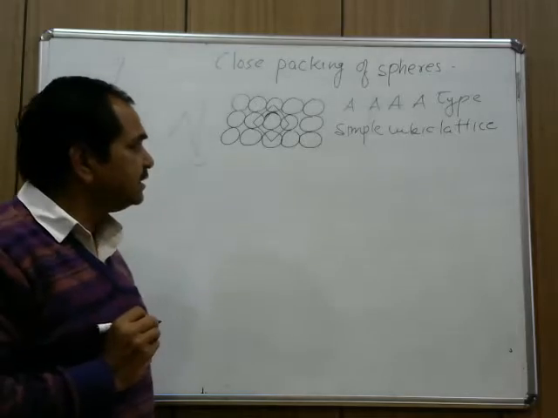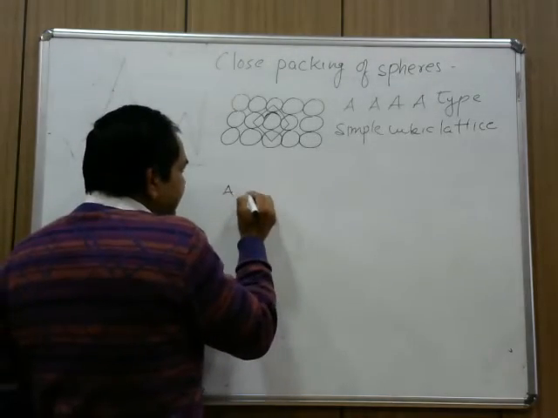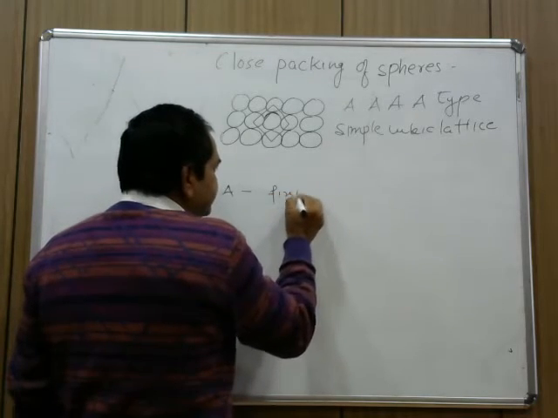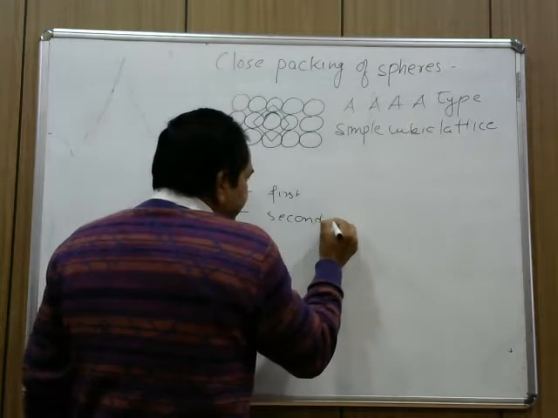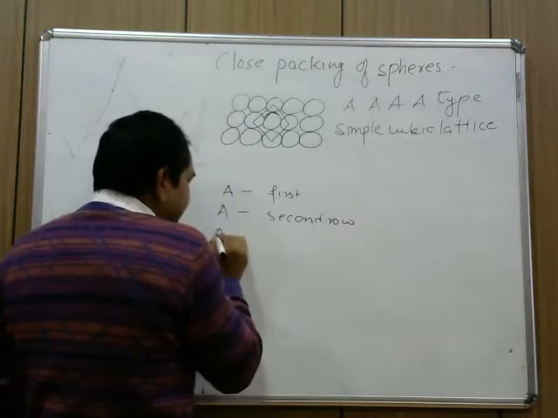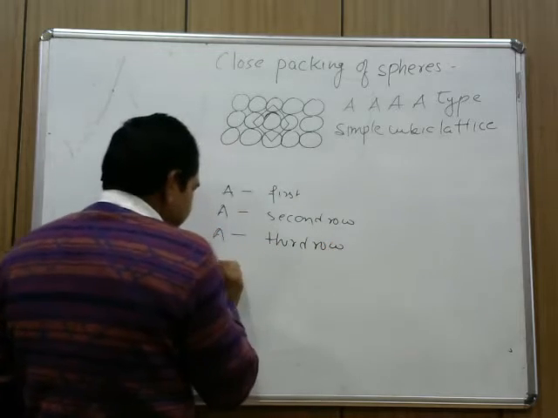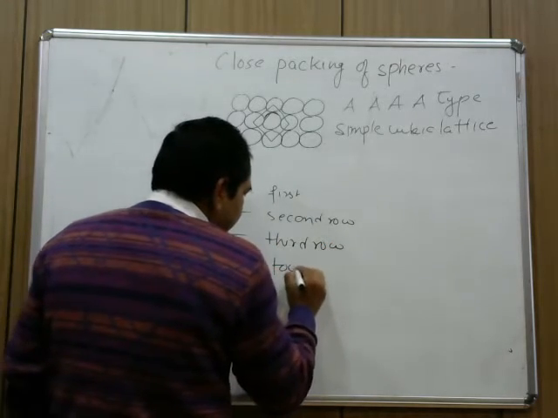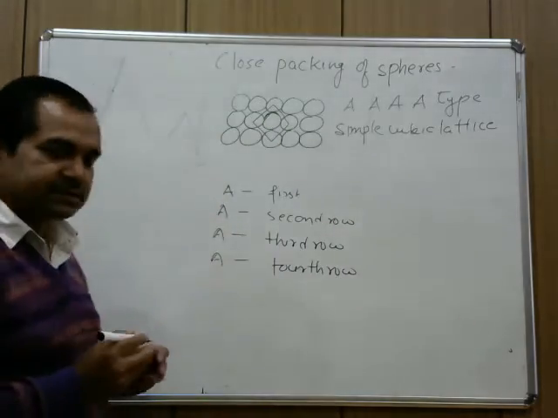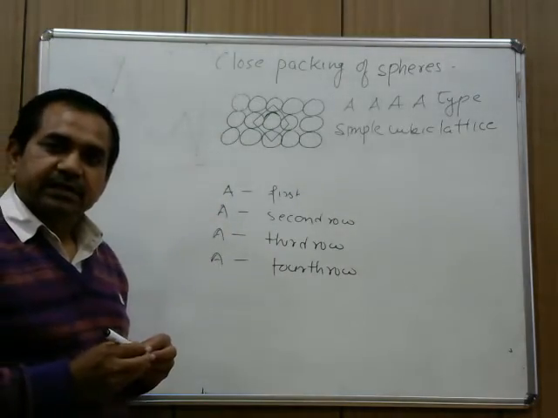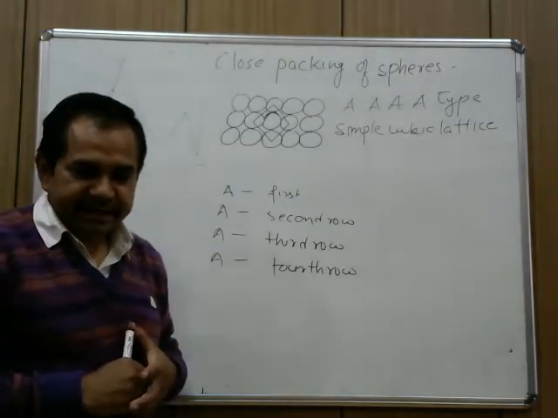All the spheres are the same: A is the arrangement of the first row, then of the second row, the third row, the fourth row onwards.